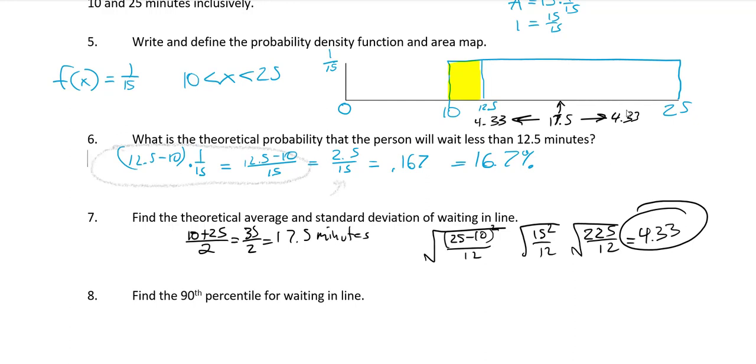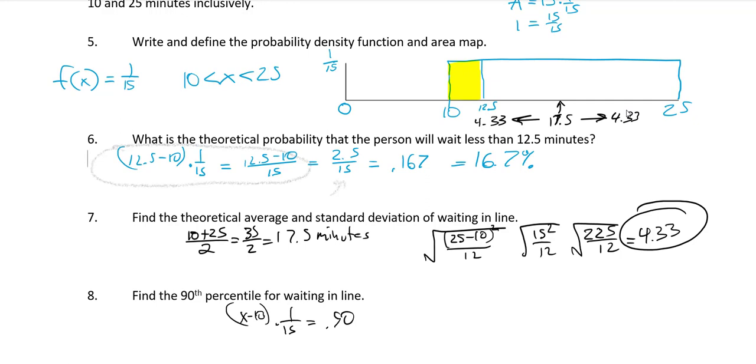And the 90th percentile for waiting in line, let's see, that is going to be, in this case, a little trickier this time, because now instead of just x times 1/15 gives me 0.90, now we have to say x minus 10. Now, I find very few students are going to solve it this way.